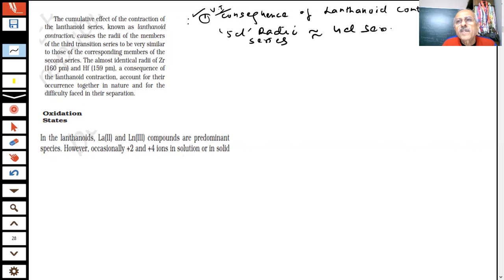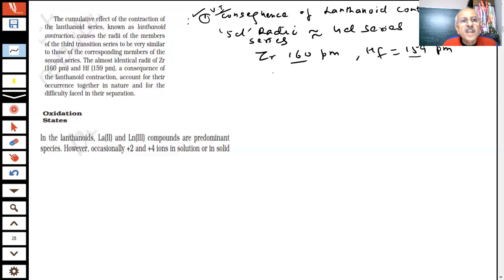So, for example, the radius of zirconium is 160 picometer and hafnium is 159 picometer, students.